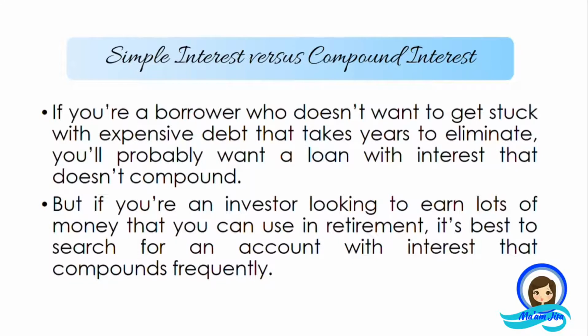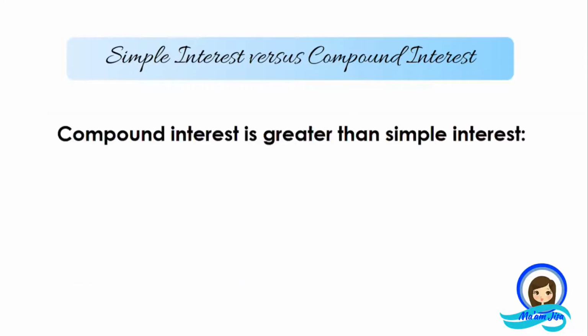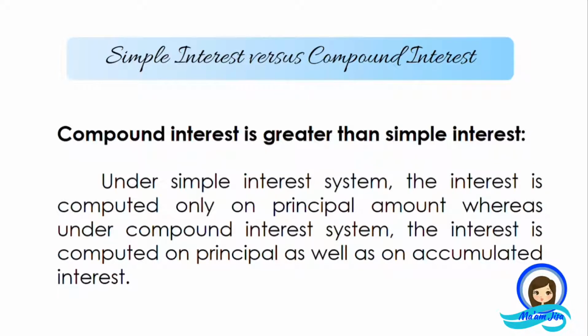Why? It's because compound interest is greater than simple interest. Under simple interest system, the interest is computed only on principal amount, whereas under compound interest system, the interest is computed on principal as well as on accumulated interest.